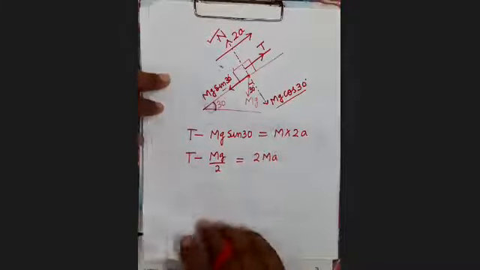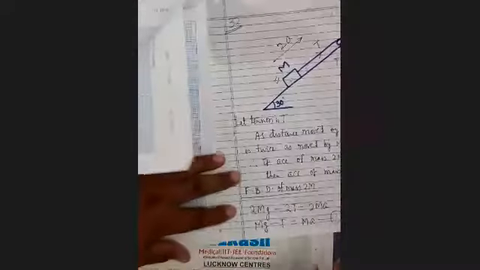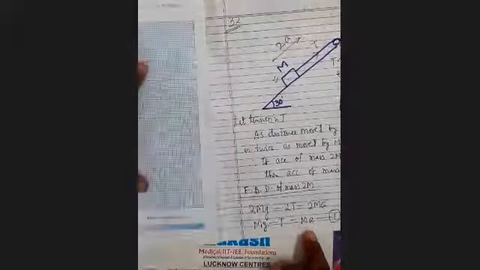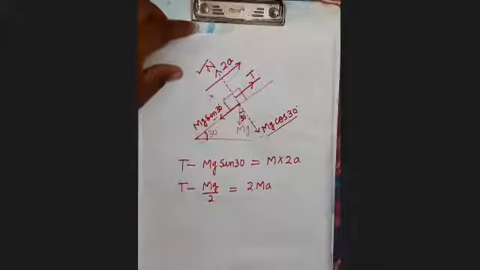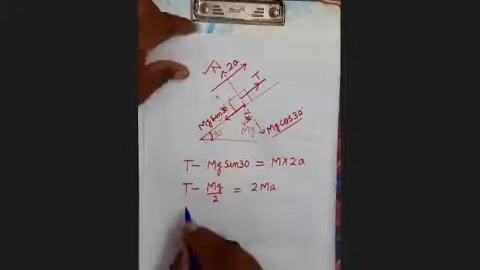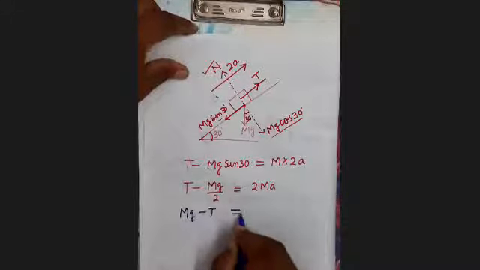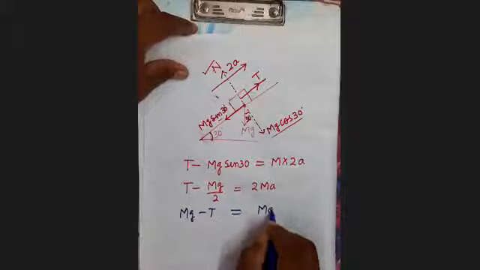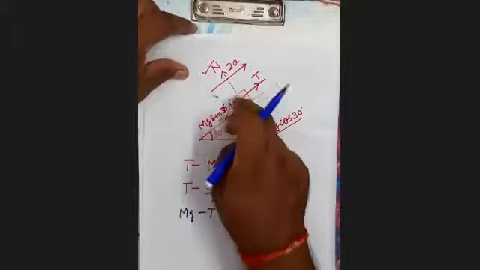This is one equation of motion, and the first one is mg minus T equals to ma. So I am writing here the first one also, mg minus T equals to ma. Here we have to find the acceleration of this block.